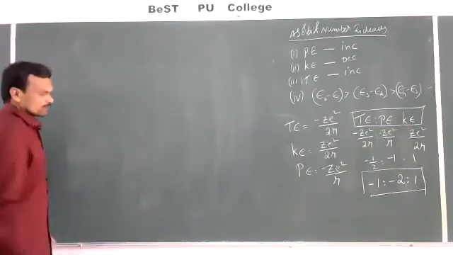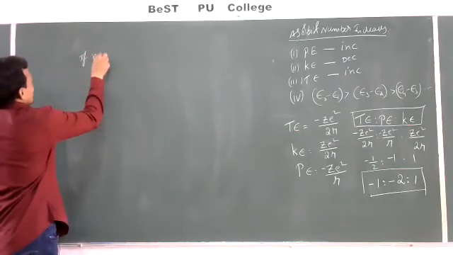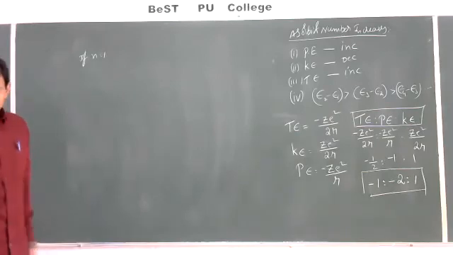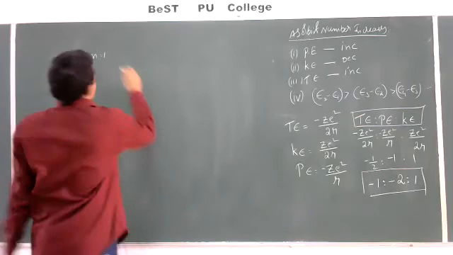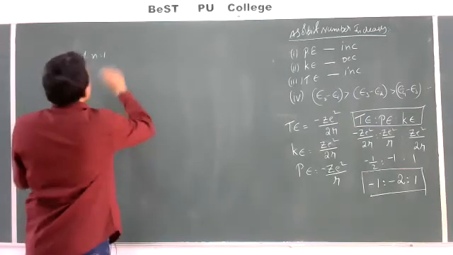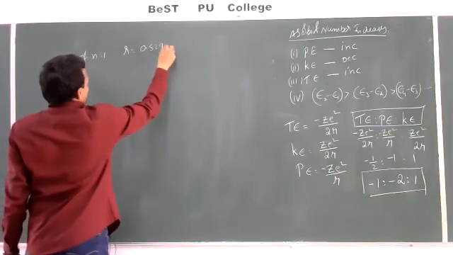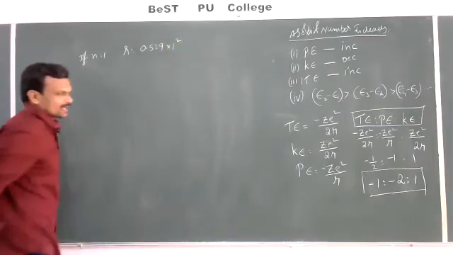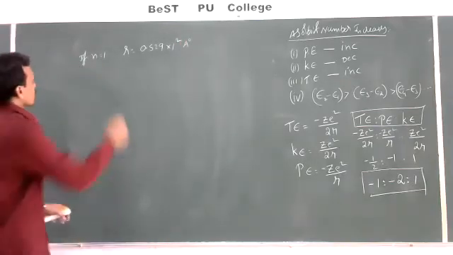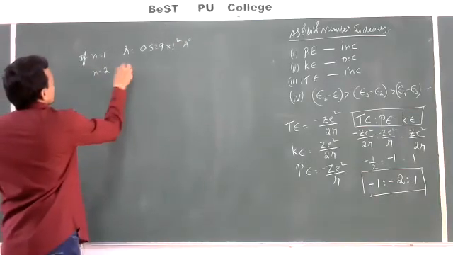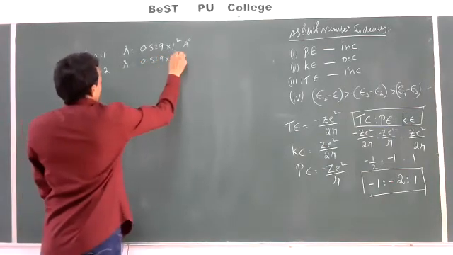Radius of the orbit. If n is equal to 1, then what is the radius of the orbit? Then r is equal to 0.529 into 1 square angstroms. Now, if n is equal to 2, then r is equal to 0.529 into 2 square.